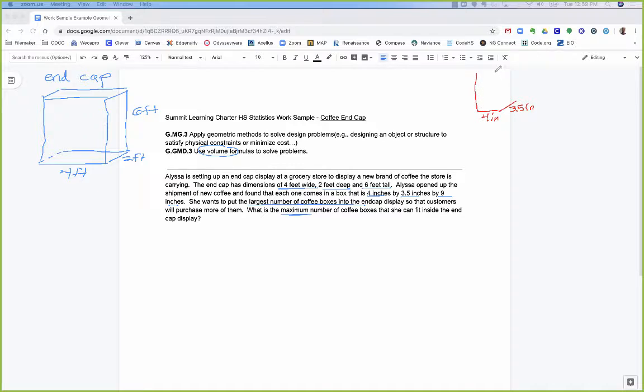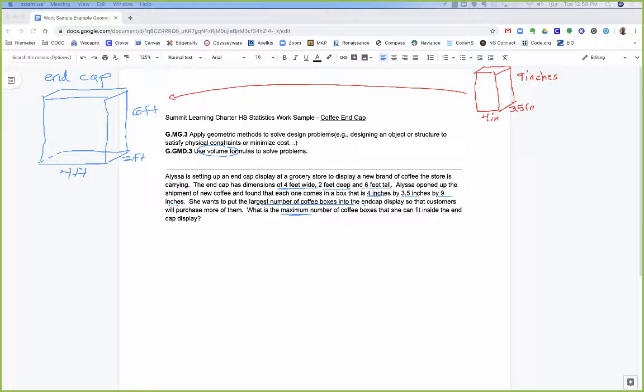So it's kind of a tall and skinny little coffee package. Okay, 9 inches tall. And we want to figure out, well, how many of these can I stack and fit inside that end cap display? In fact, I want to find the maximum number.